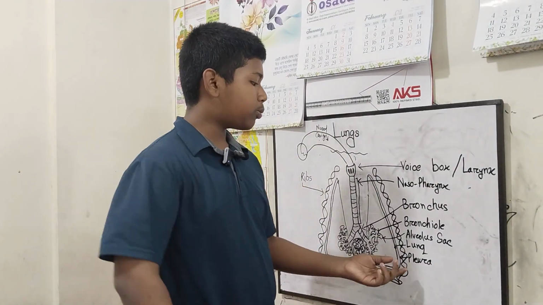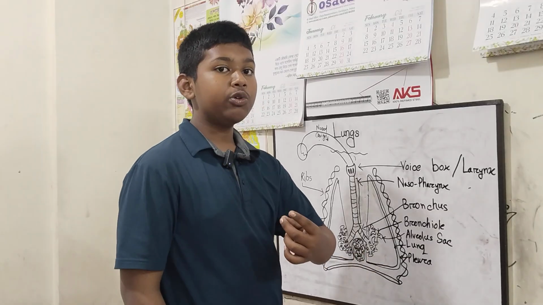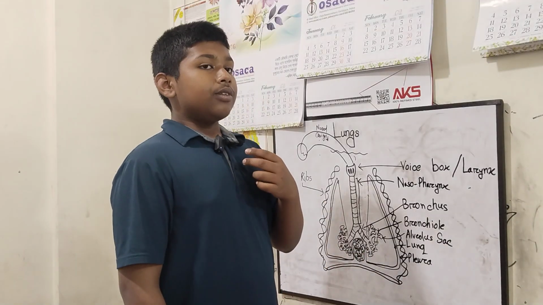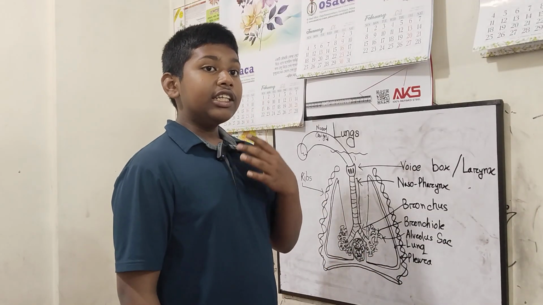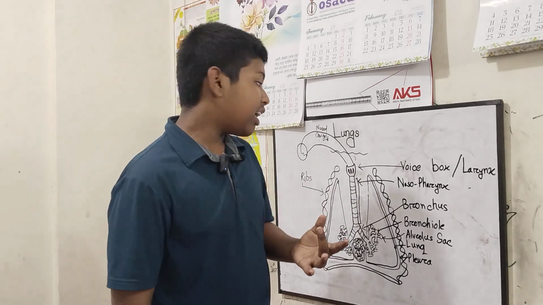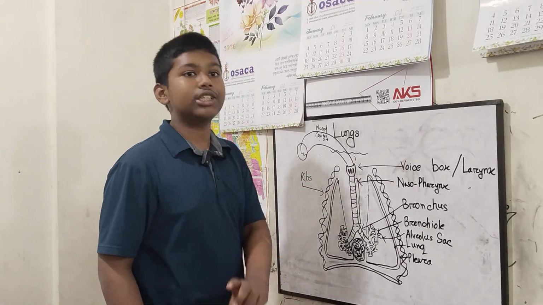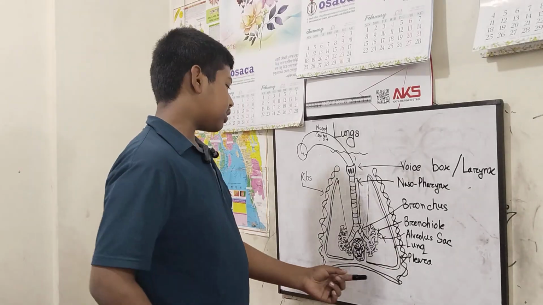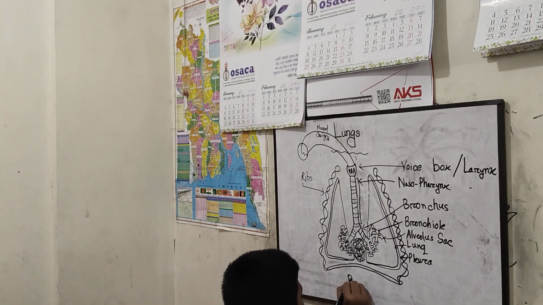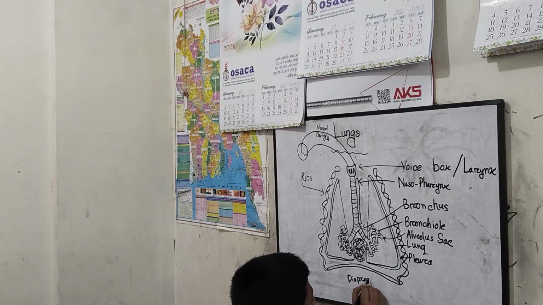This pleura is a spongy type object. Whenever we breathe in, the lung gets a little swollen or bigger. It may collide with the ribs, so there is another object that stops that collision. We have another thing called the diaphragm.